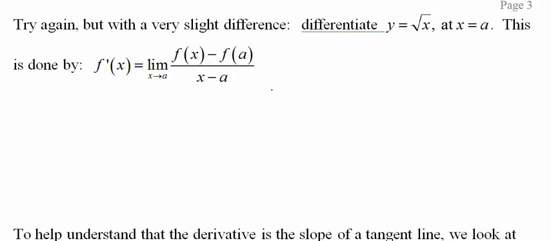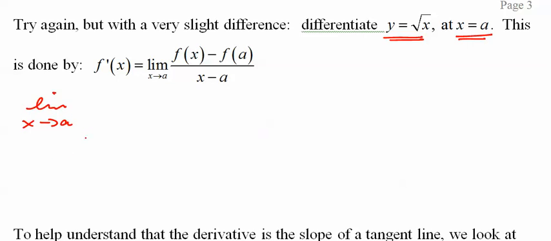We're going to do it again, where this is one of the other tricks. Instead of getting the function, we'll get it at a value. If the value is given, put the value in. Since it's a, we have to do this. Limit as x approaches a, not as h approaches 0.